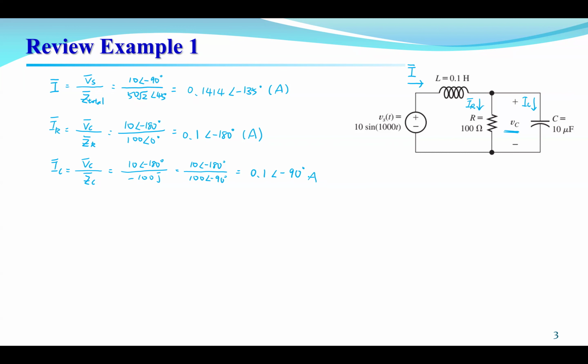One thing we can notice is that KCL needs to be satisfied. So KCL says IR plus IC equals what? IR is 0.1 angle minus 180 degrees, which is minus 0.1, and IC is minus 0.1j.